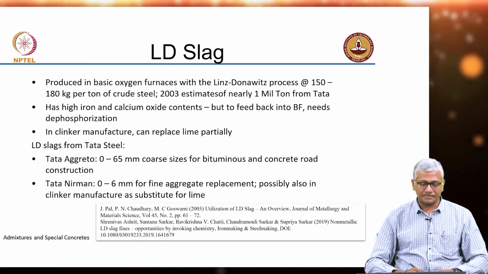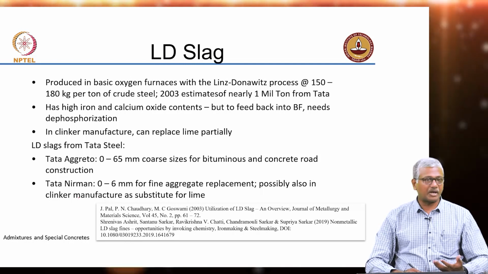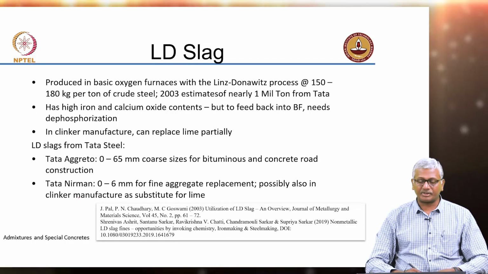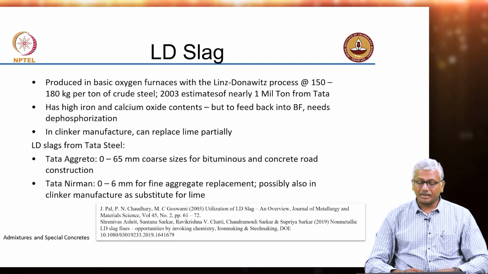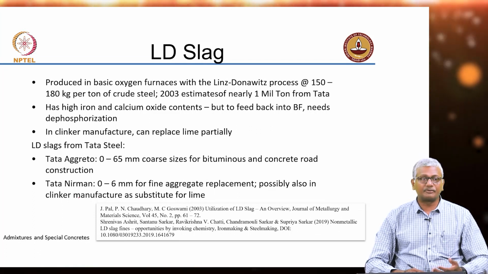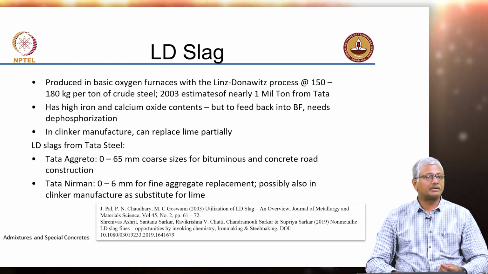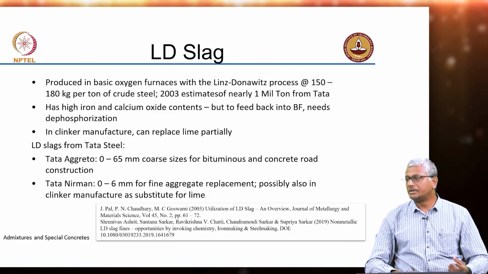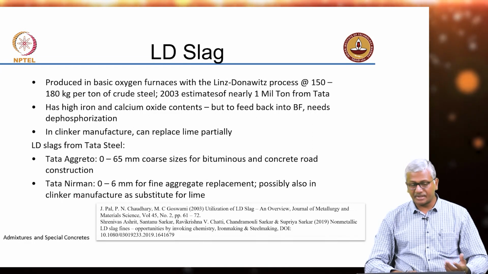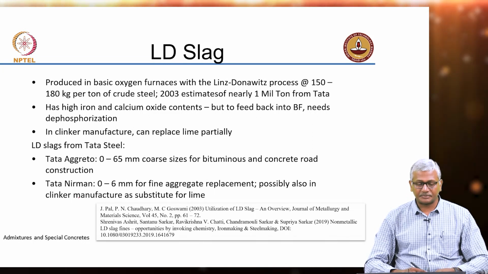As I said, primary problem with this is the high calcium oxide content. Okay. The other aspect is it has got a lot of phosphorus content, and phosphorus content is not very good in terms of your steel corrosion. You want to restrict the phosphorus content significantly. Okay.